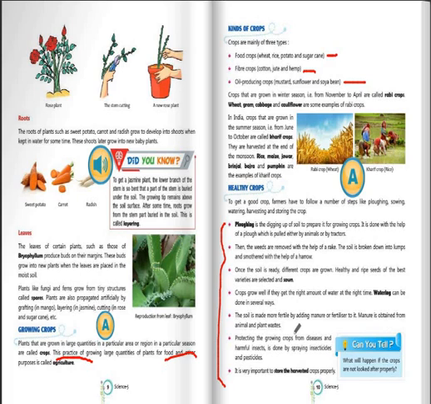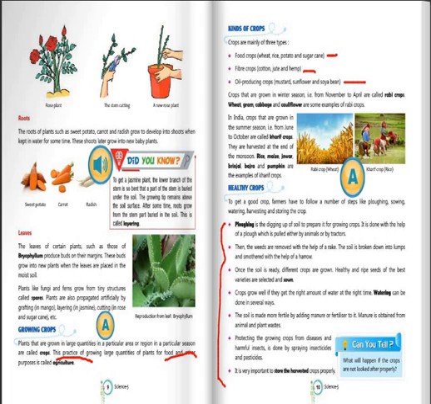Manure is obtained from animal or plant waste. And later, protecting the growing crops from diseases and harmful insects is done by spraying insecticides and pesticides. And it is also very important to store the harvested crops properly.